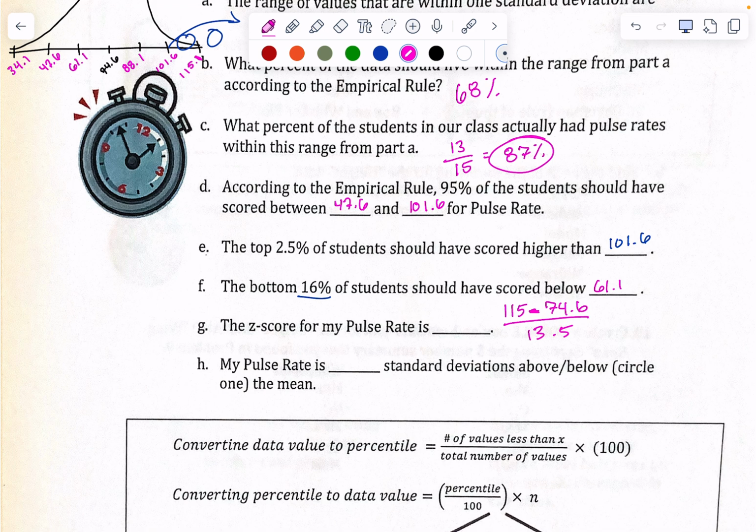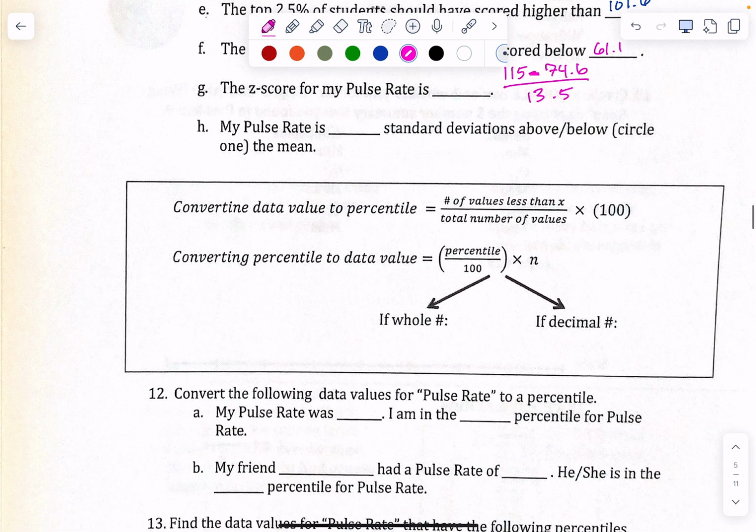Not even one, so 0.74? Yep. And is it above or below the mean? Below. Yours is below. My pulse rate was 64. I am in the blank percentile.